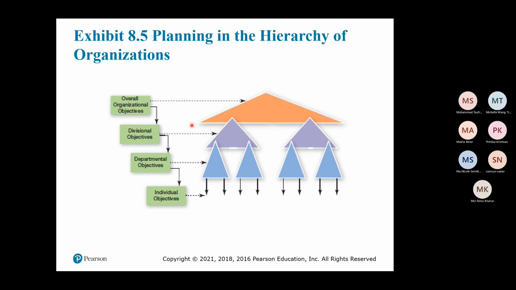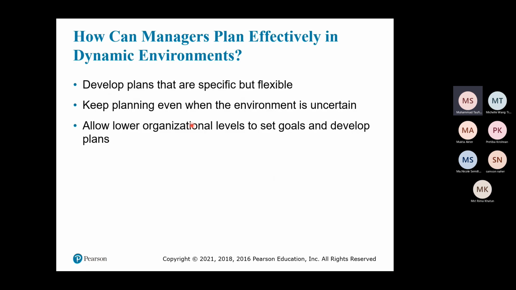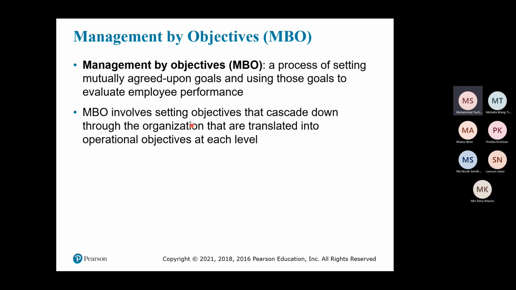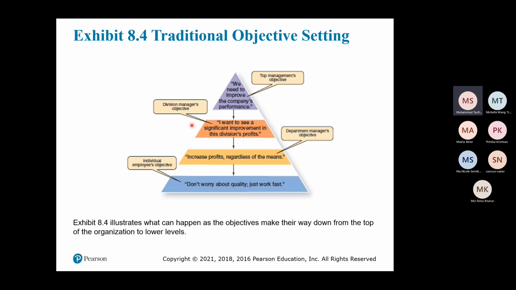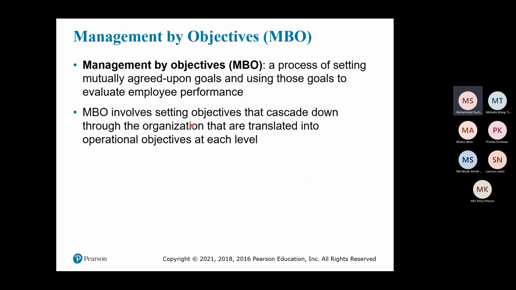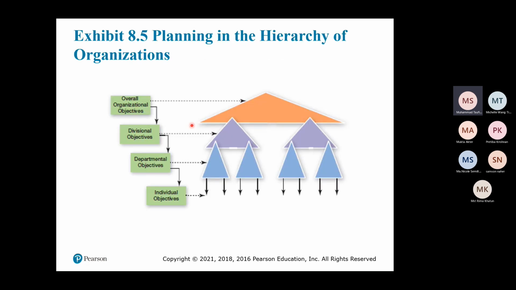Okay, so that is MBO. Alright. Okay, so these are the two techniques you can use. Either you can use the traditional one where you just receive orders from the top management, or you can use MBO, or management by objective, where you can negotiate with your management to set your own objective.